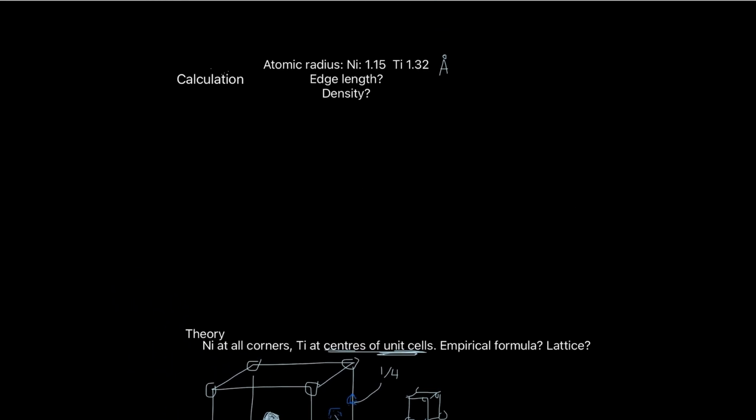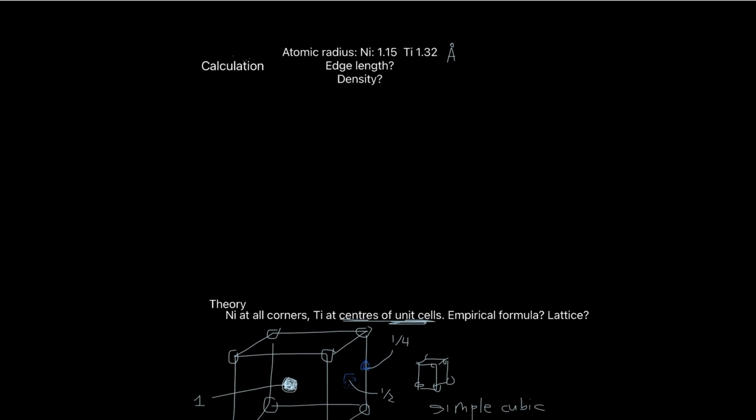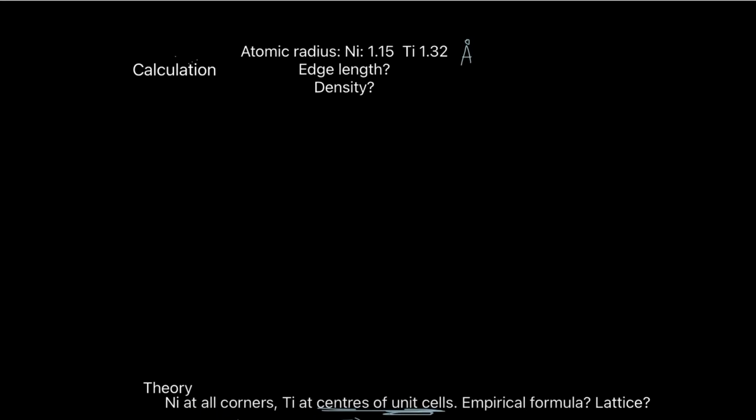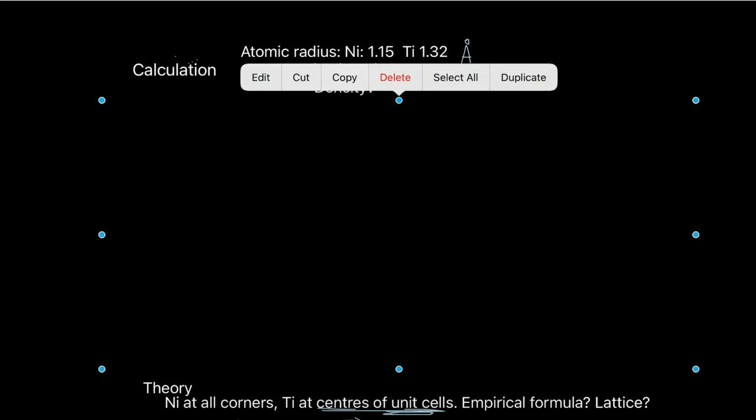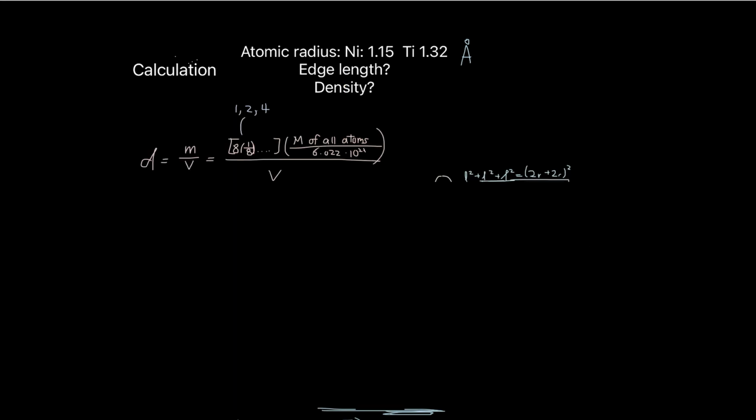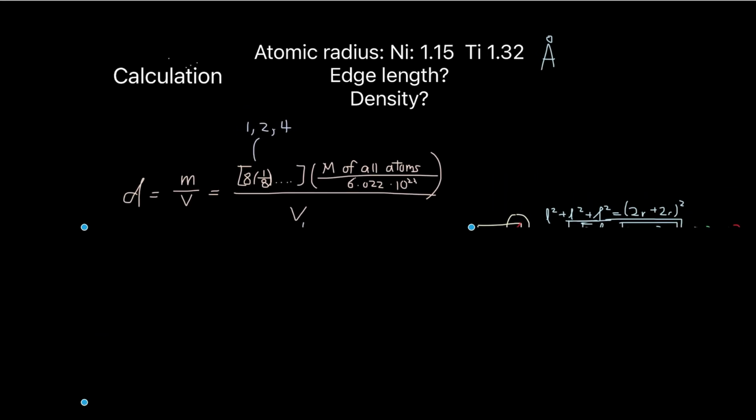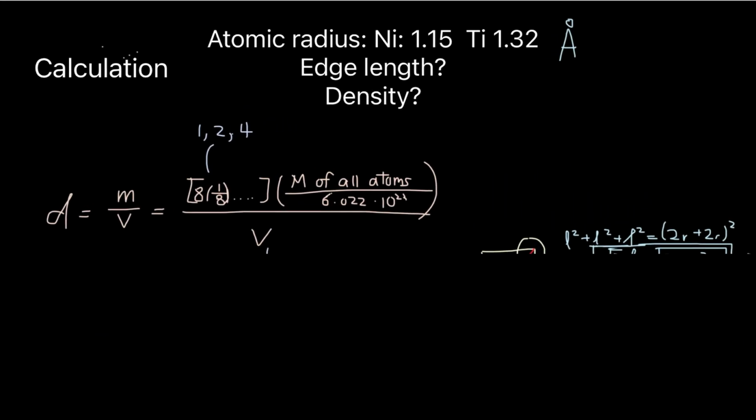Now we have to use what we have to find the edge length and the density. I'm going to go over a little theory on how we could do that. For any question, density is the mass divided by the volume, and the mass consists of the mass of all the atoms present in that unit cell.